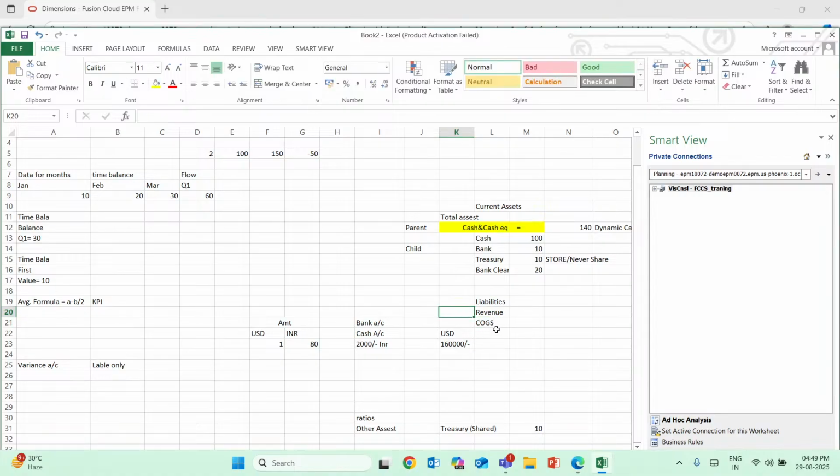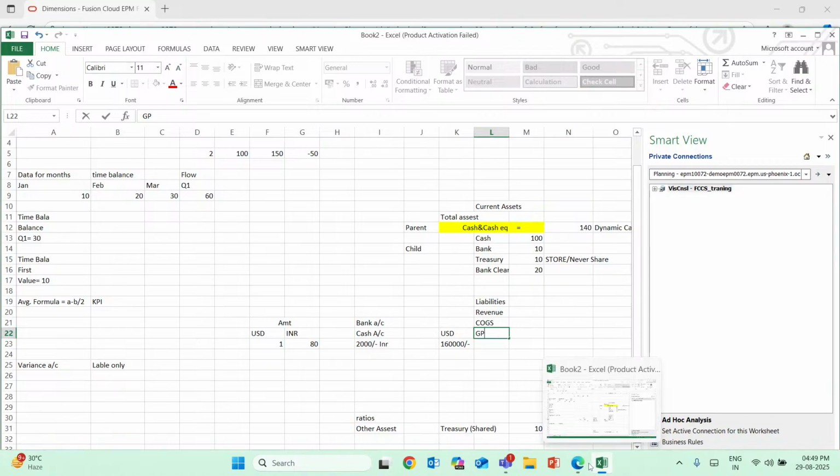So this would be addition, but this would be subtraction, as we do the calculation in the balance sheet. So this is how we change the sign over here. Gross profit is equal to revenue minus cost of goods sold, so cost of goods sold will be subtracted. Whenever we are creating the COGS, the aggregation we will keep as negative, or subtraction.